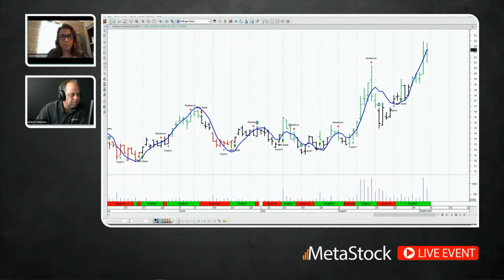It breaks, but it comes right back in. This is the land, in my mind, of never buy the breakout unless you're planning on getting out in a hurry. If that's the case, you're going to be golden, but it pulls right back to the old resistance ledge, and it starts popping up.